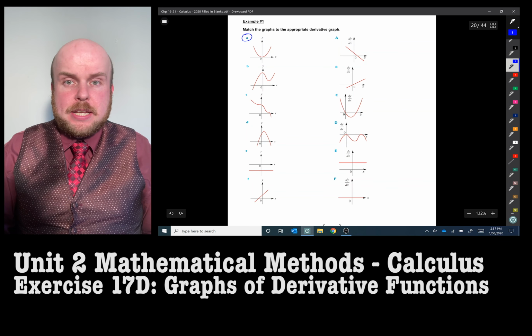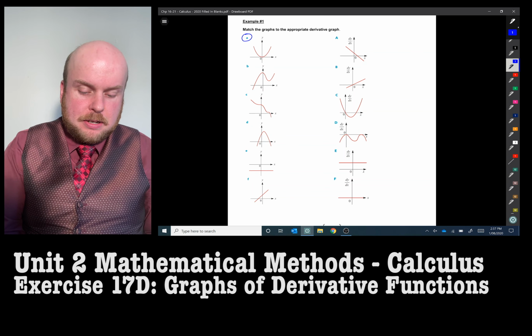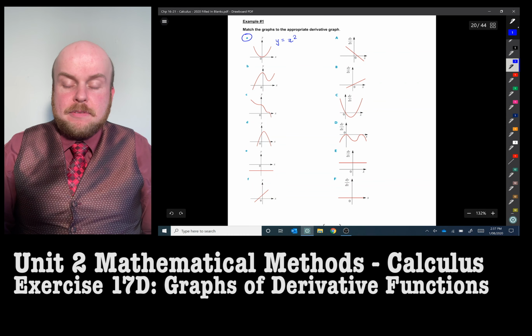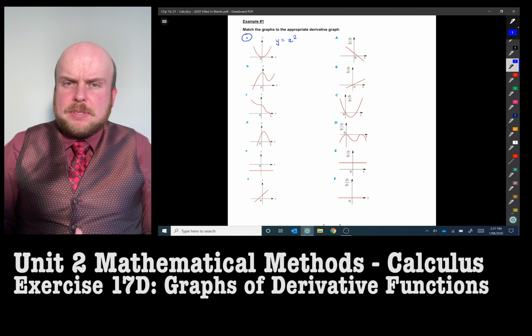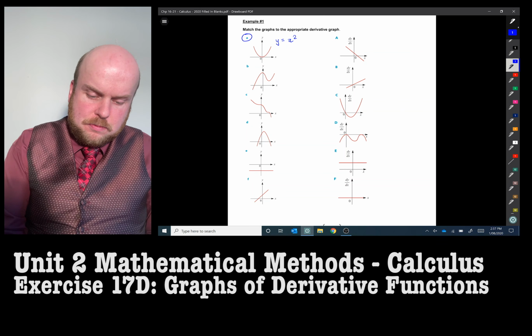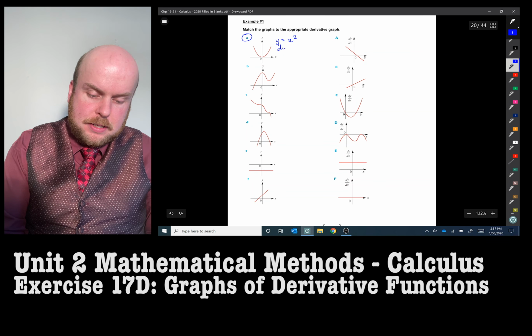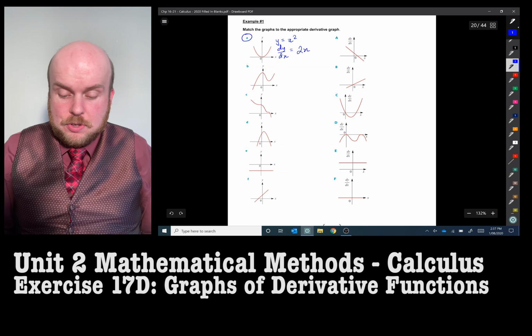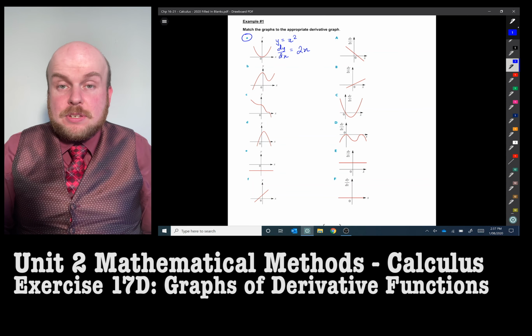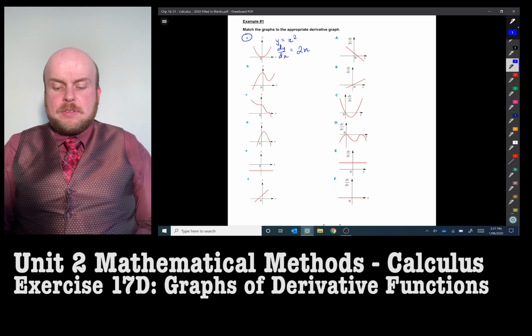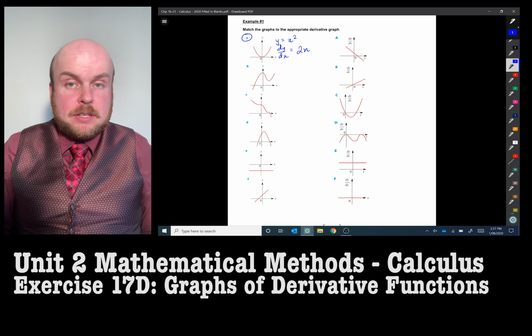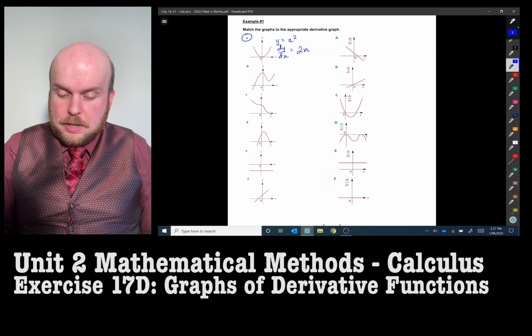That looks like a quadratic to me, and it looks like something that would be very much a y equals x squared type graph. Well, if it's a y equals x squared, that means the derivative would be 2x or some version therein. So all I need to do is look at which of the graphs on the right would be the equivalent of y equals 2x.